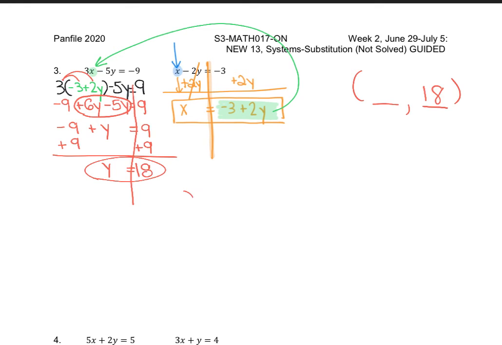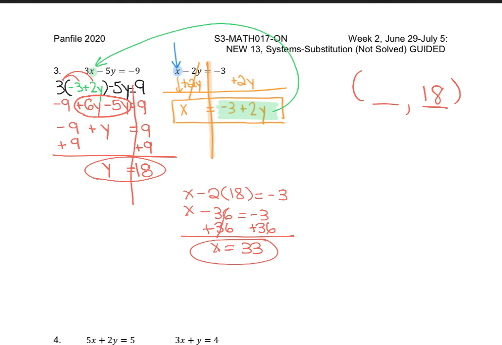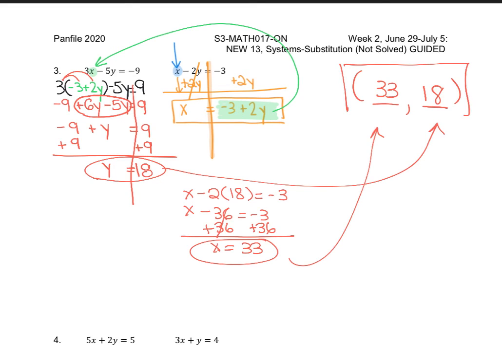So I have x minus 2 times 18 equals negative 3. x minus 36 equals negative 3. I'm going to add 36 to both sides. And I get x equals 33. That goes here. That went there. And I get 33, 18.